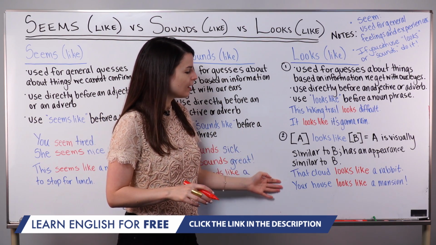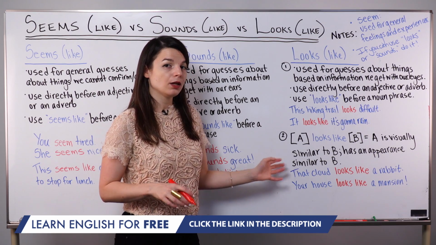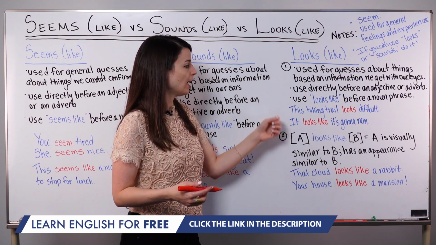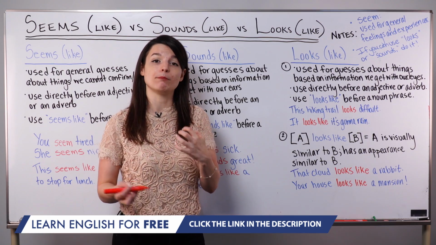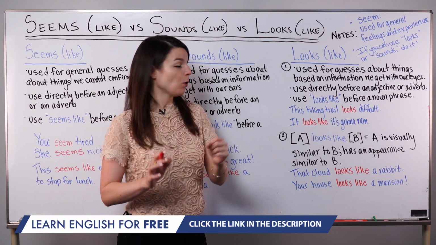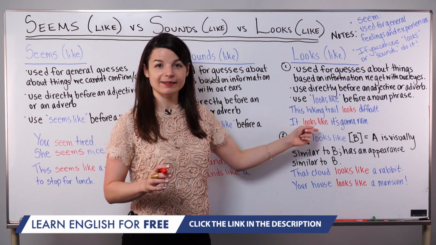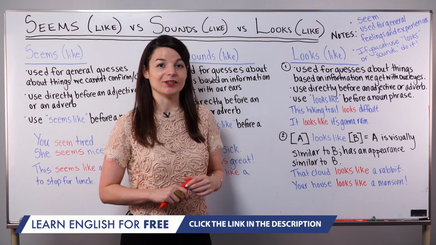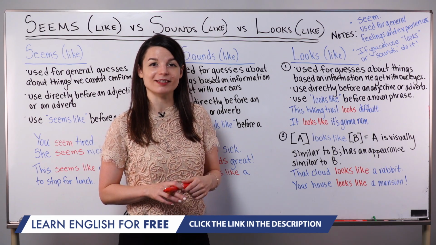So you can pretty clearly understand which meaning of looks like is intended based on the situation. Is the speaker comparing appearances, or is the speaker making a guess? Depending on the sentence, you can usually pretty clearly understand which one the speaker wants to say.